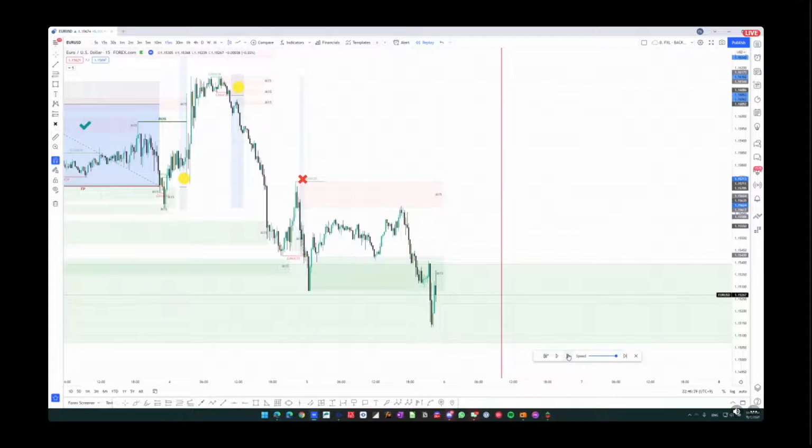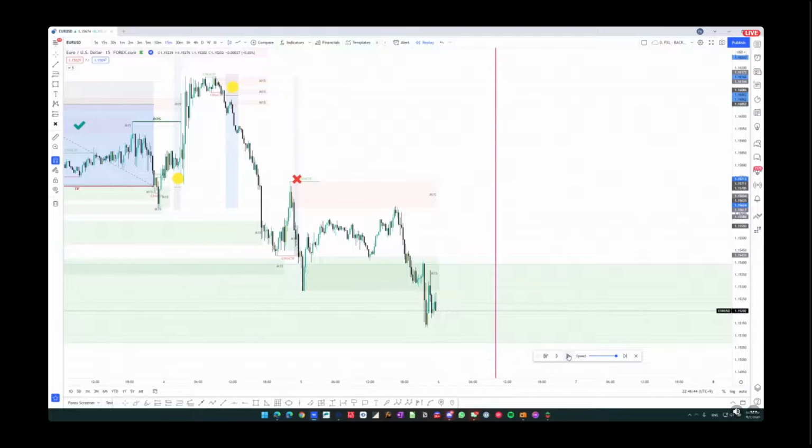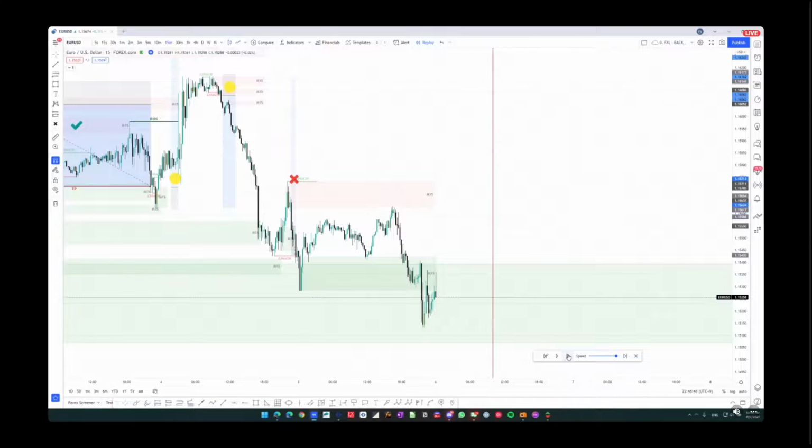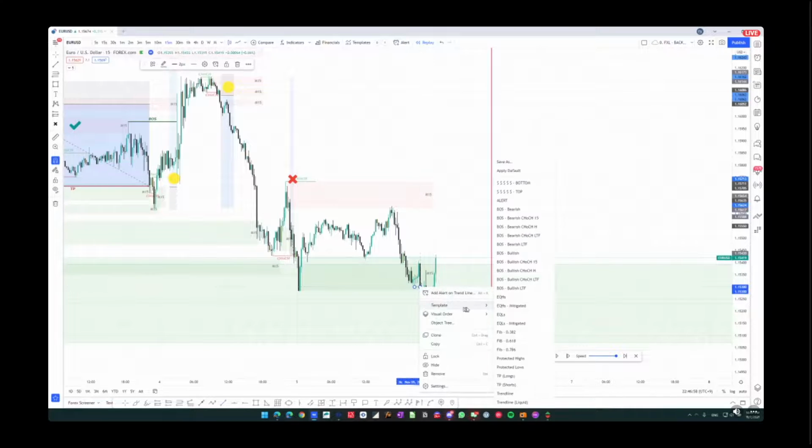And what do we have? We already have nothing. Boom, boom, boom, boom. Okay, so here we have chop. Bearish chop.